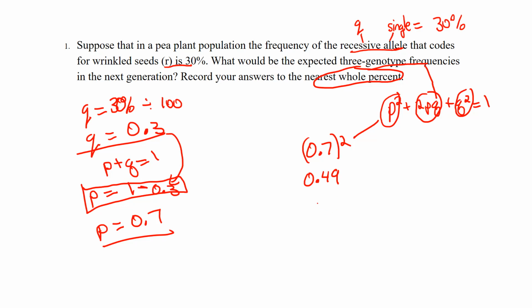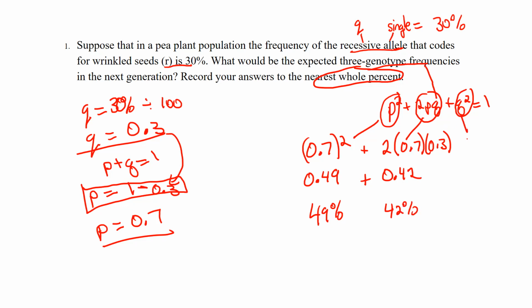So this one, they want a percentage, 49%. Okay, do the same thing for this: 2 times p, and of course we just determined p is 0.7, times q, which is 0.3, what was given in the question. When we calculate that, it comes up to 0.42, or 42%.